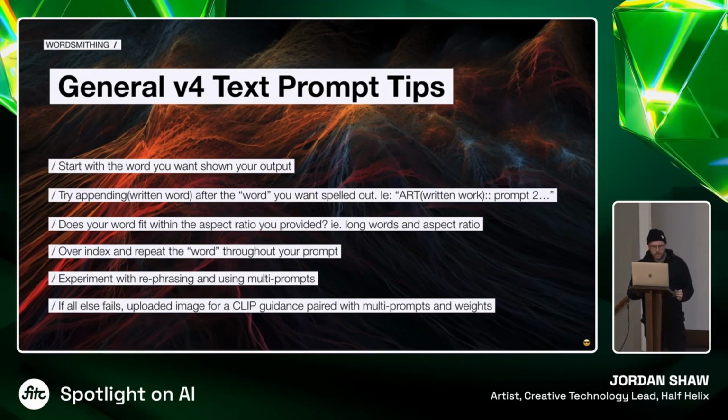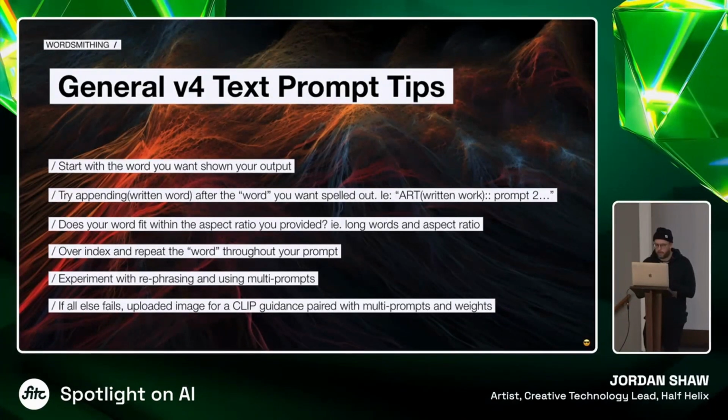Next, going into exploration with text-specific prompts, specifically looking at versions 1 through 4, I would say even maybe 4 for the quality. Having the word that you want in the output, start with that word, even have that first in brackets as a written word.